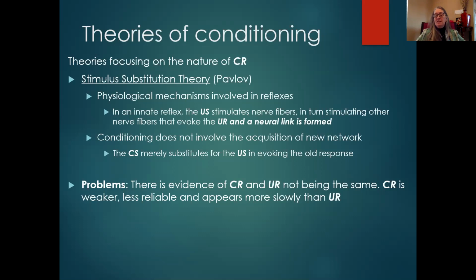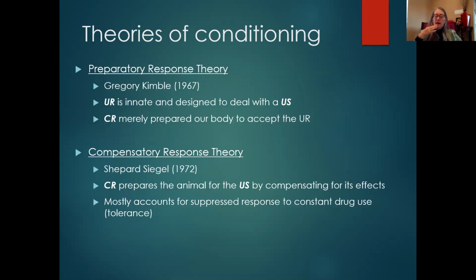They should be the same level of intensity, equally reliable at the same time. But there are so many demonstrations now where the CR is weaker, less reliable, and appears more slowly than the unconditioned response, which leads people to think that you might be onto something here, Pavlov, but we don't know that that's the whole story.